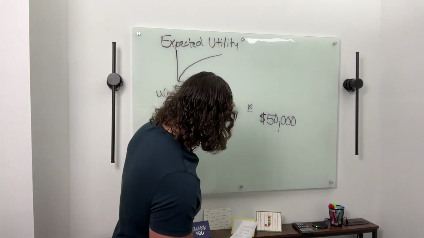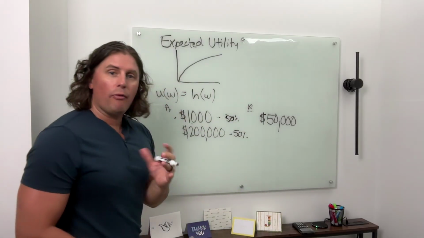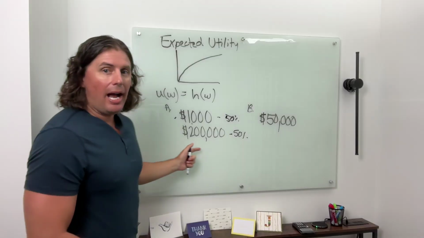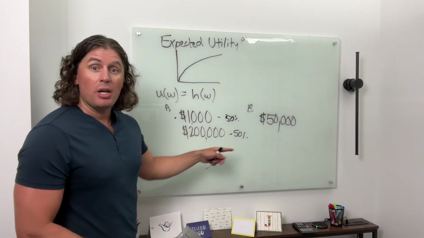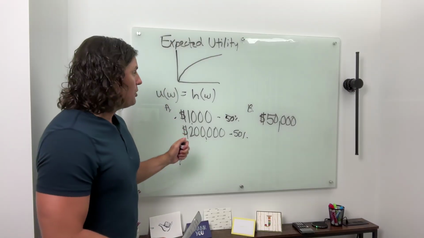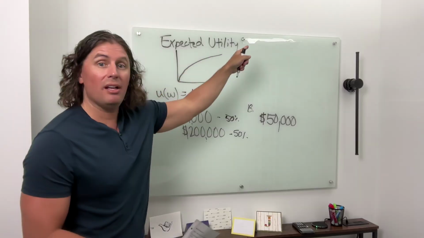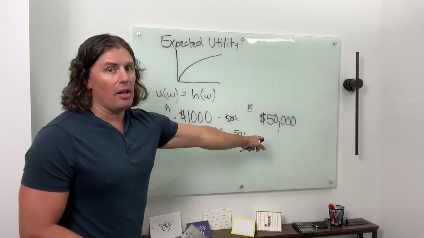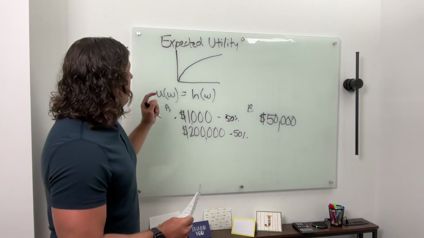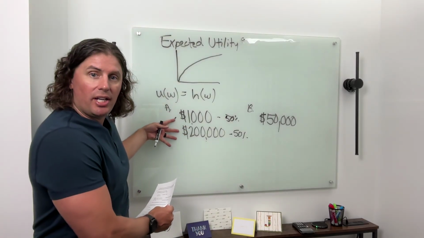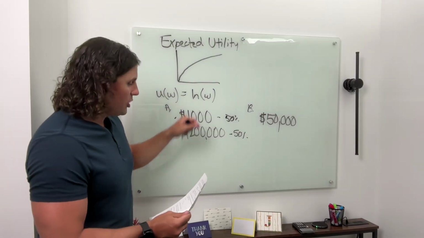So 50% chance we have $1,000, and a 50% chance of $200,000. If we're an expected value maximizer, I can already clearly see the expected value is just below $100,000, which would make me take the uncertain opportunity over the $50,000. But we're not this time. We're expected utility. We understand $50,000 is going to change our life in a very good way. So why would we risk it? Well, we don't know. Maybe there's enough over here, and that's why we're going to run our expected utility function here with our natural logarithm.